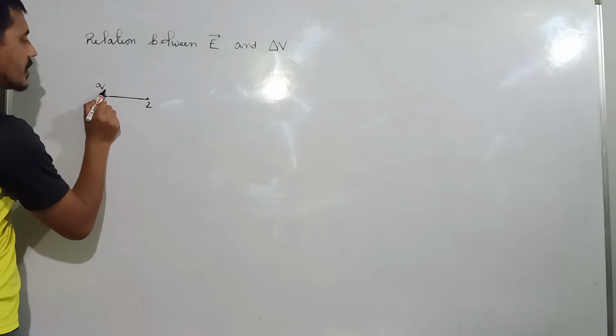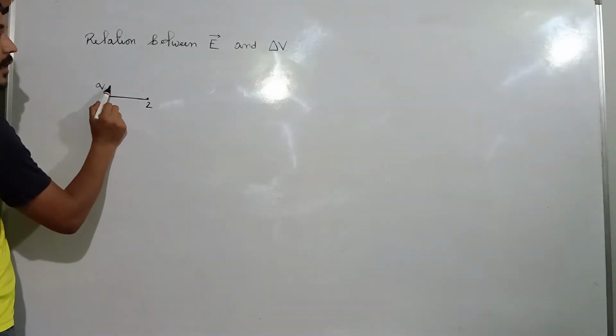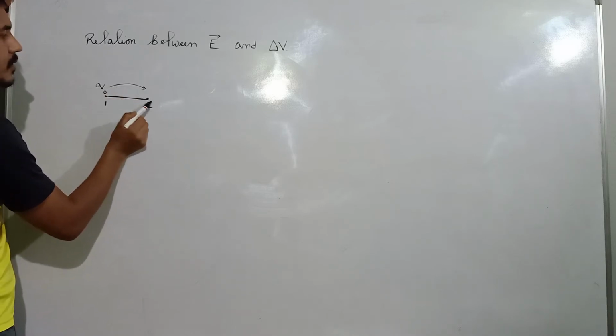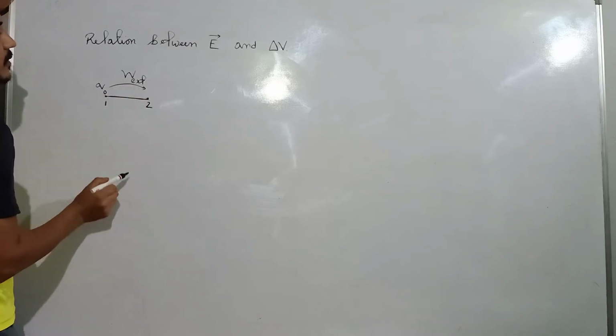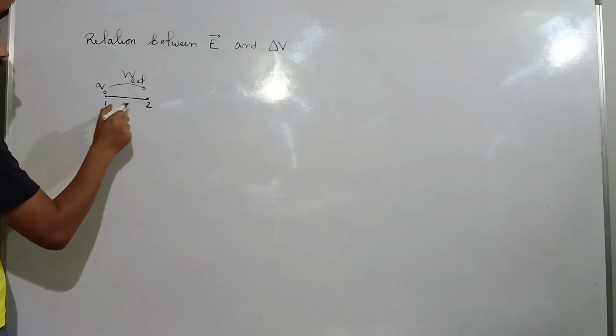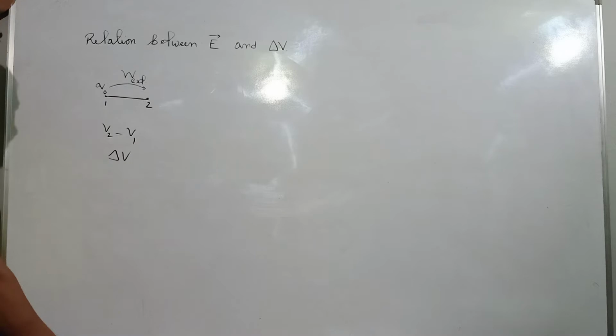Suppose you have placed the charge Q naught at 1. So work has to be done by the external agent in bringing it from this point to this point, right? Work is done by the external agent. So the potential difference between 2 points is given by final potential minus initial potential, del V.